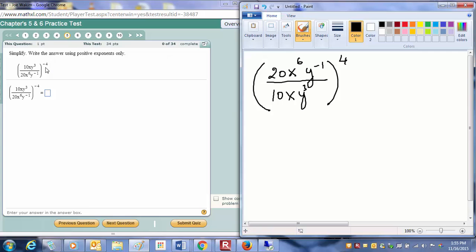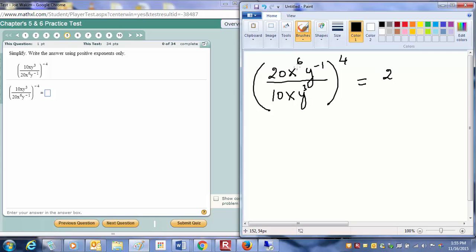So to make this exponent positive, we have to flip the fraction, move the 10xy cubed to the denominator, and move the 20x to the power 6 y to the negative 1 to the numerator. And let's start by simplifying. 20 divided by 10 is 2.